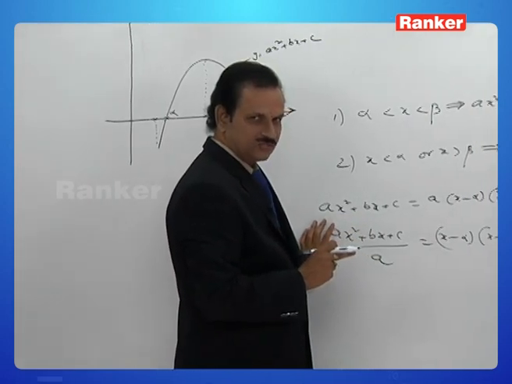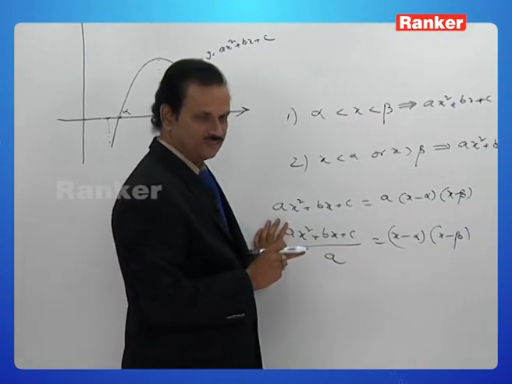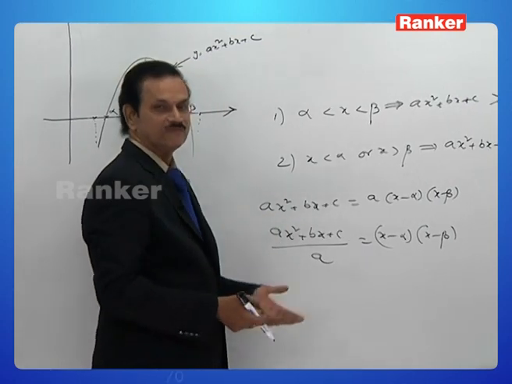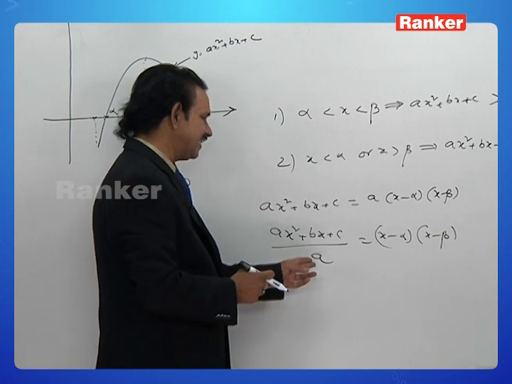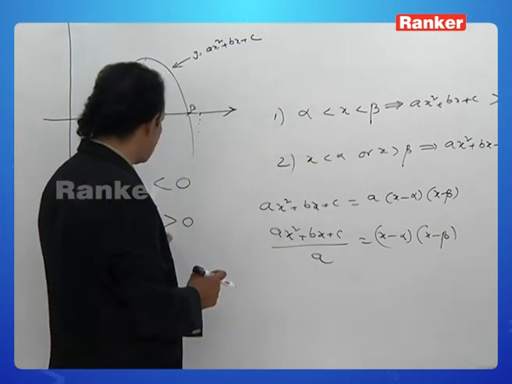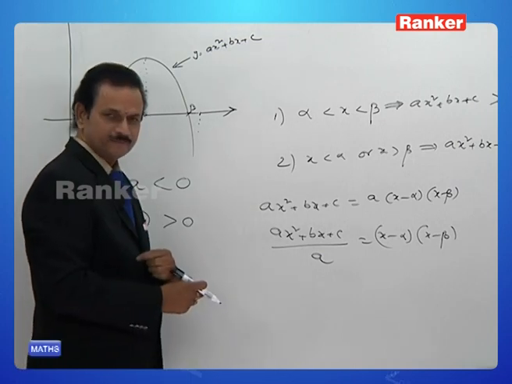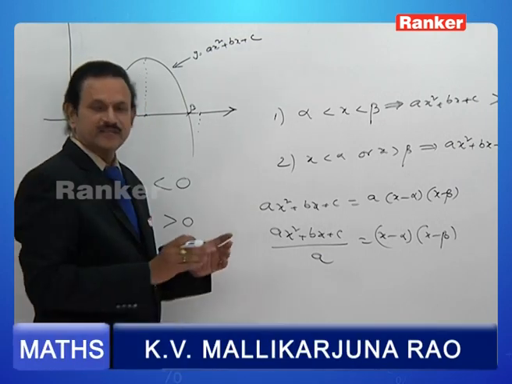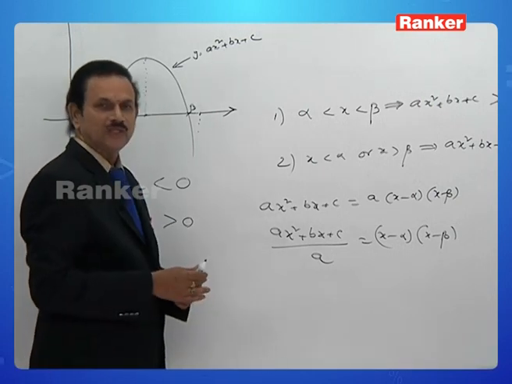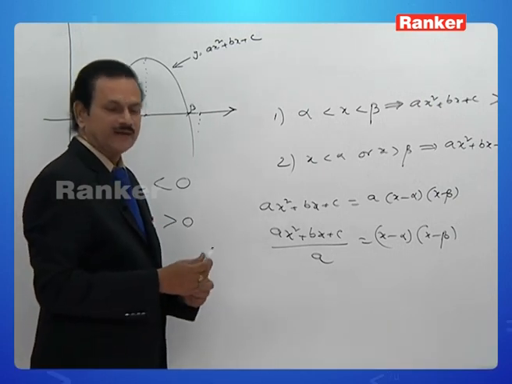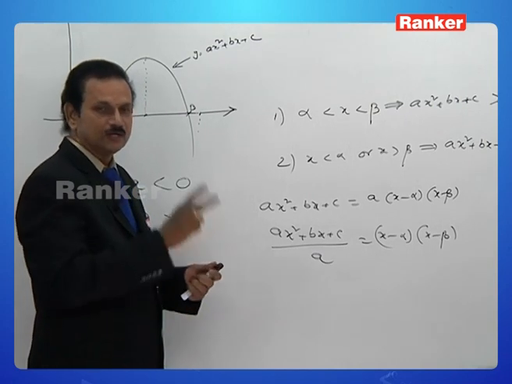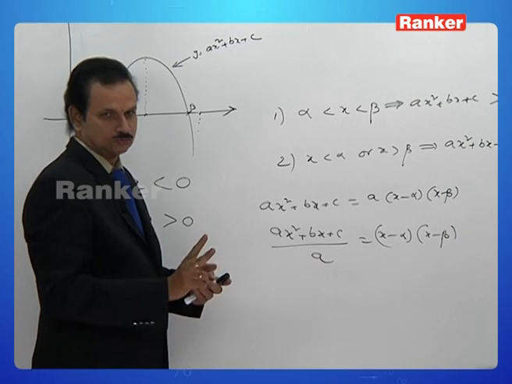As and when an expression is positive, both numerator and denominator are of same sign, that is, ax square plus bx plus c and a are of same sign. Same thing is happening here also. Yes. This is the discussion when d is greater than 0, that is, when the quadratic equation ax square plus bx plus c is equal to 0 has two real roots.